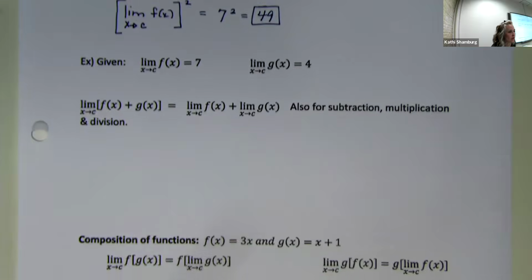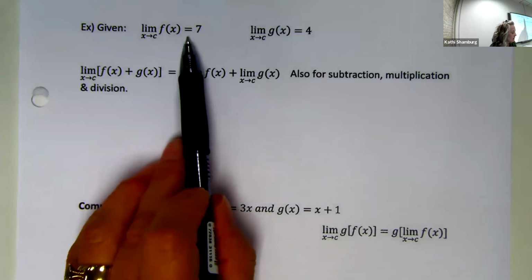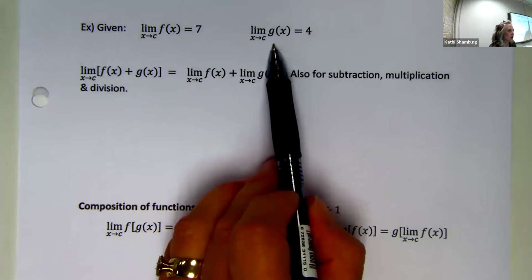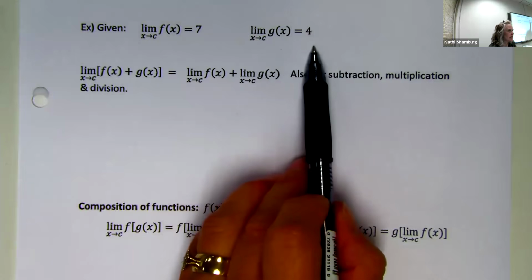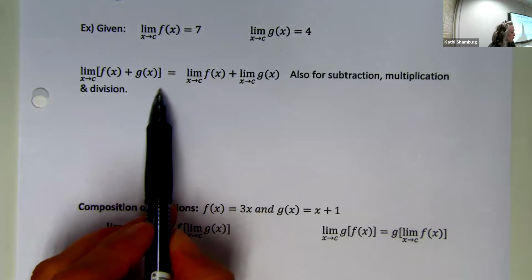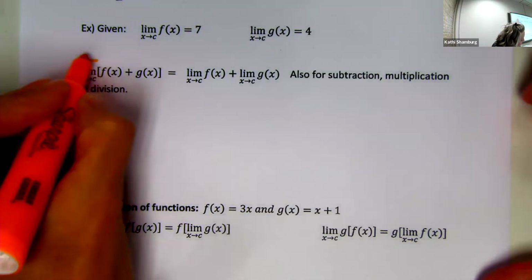All right. Also with limits, so again, here's this where the limit of f at x is equal to 7. Now they're giving me a different equation, so they're calling it g at x, and they're telling me that is equal to 4. Now, here's the most important part I want you to get from this.